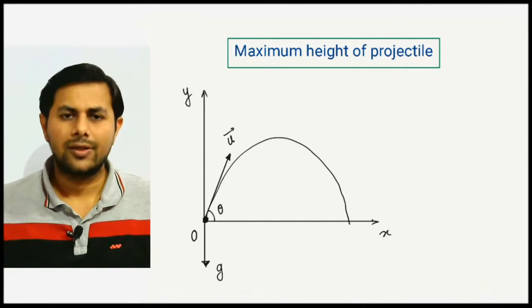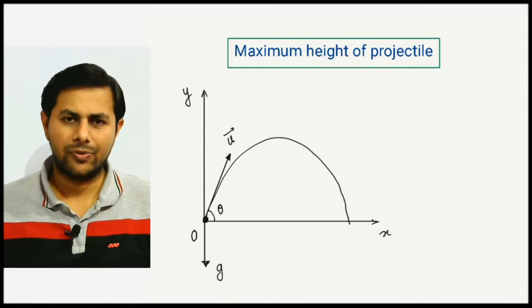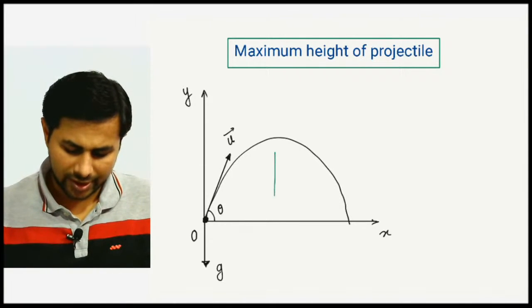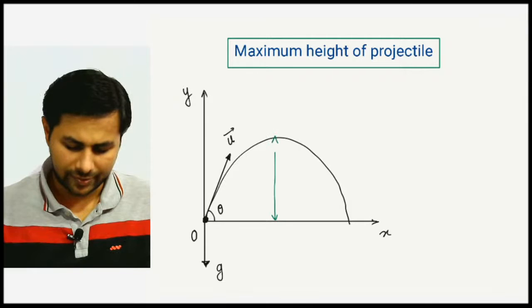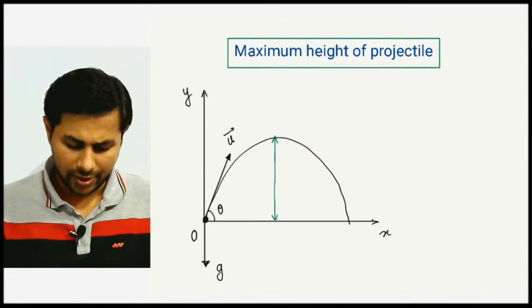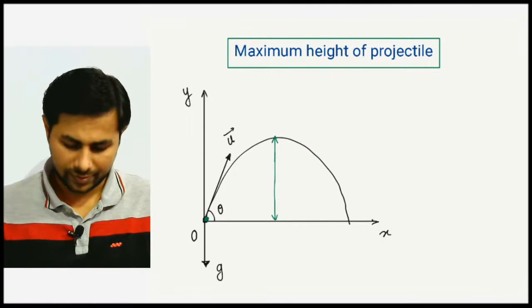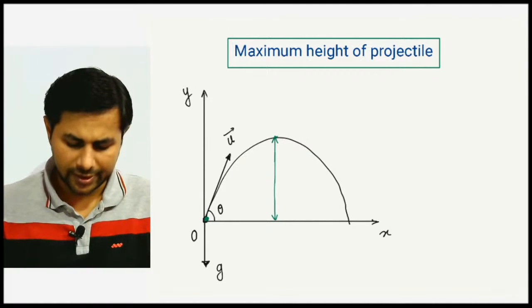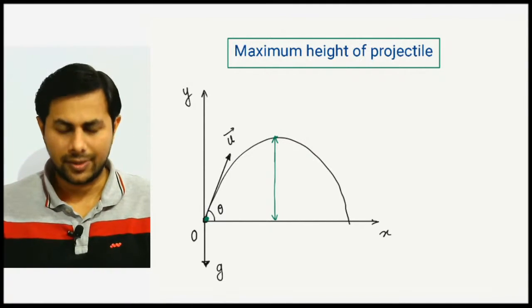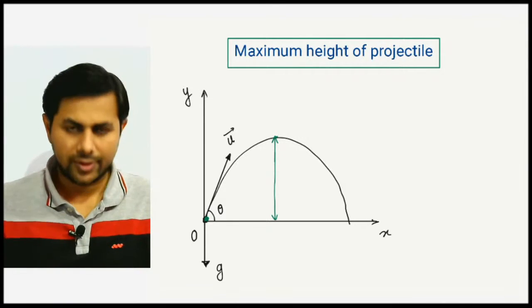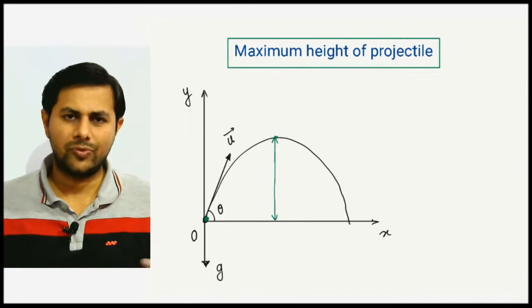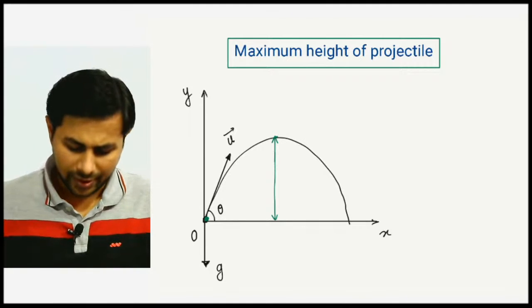Now next, let's derive an equation for the maximum height of this projectile. So our projectile starts at this position and it reaches up to this maximum height. Now let's see what happens to its velocity at the maximum height.